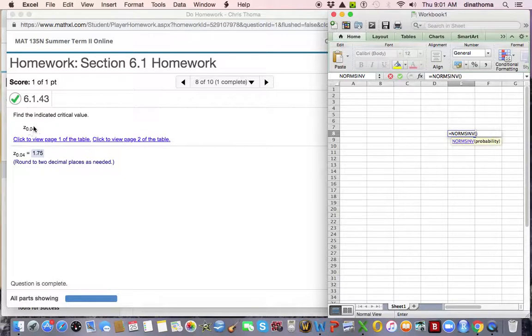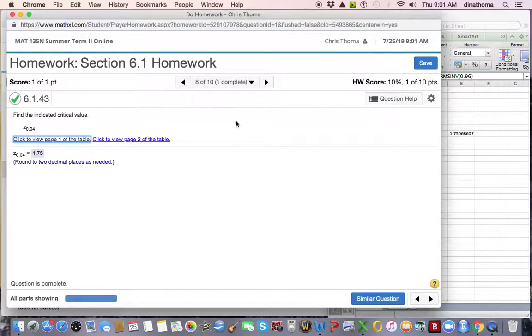Well, remember, this is a probability, so I can just put in 0.04, and I get the negative 1.75. Or, and you just make it positive, or you can make this 0.96, and you get the positive 1.75. All right, this is the key. NORM.S.INV is when you know the percentage and you want to go backwards.